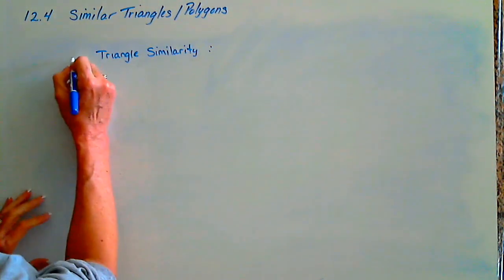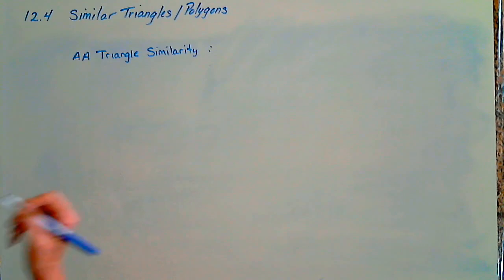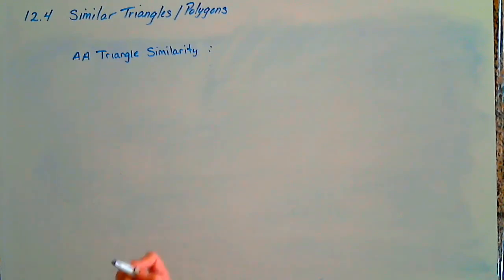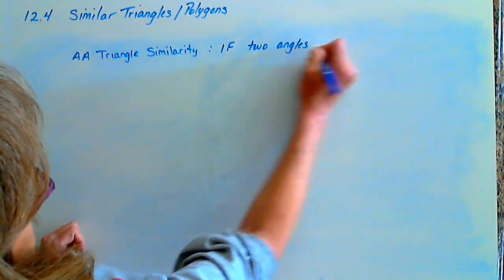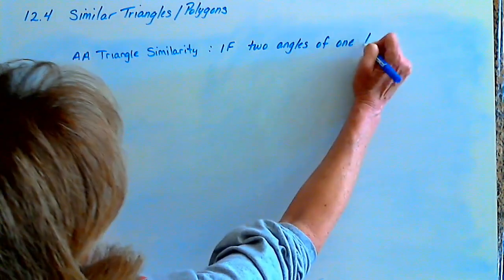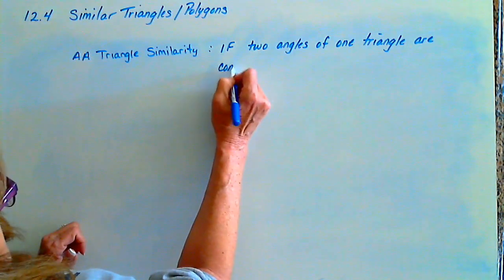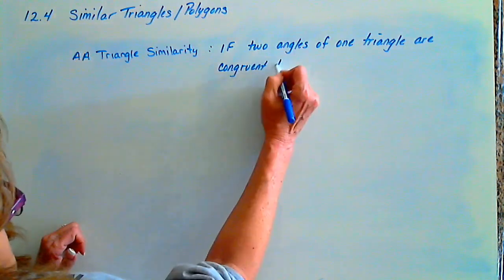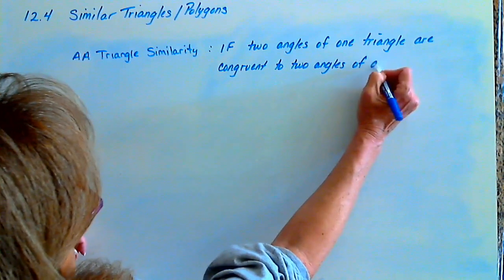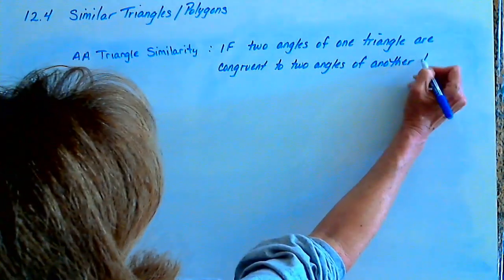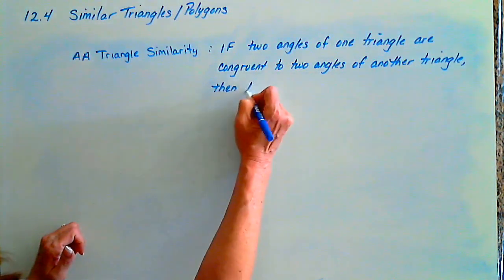So with angle-angle similarity for triangles, if two angles of one triangle are congruent to two angles of another triangle, then the triangles are similar.